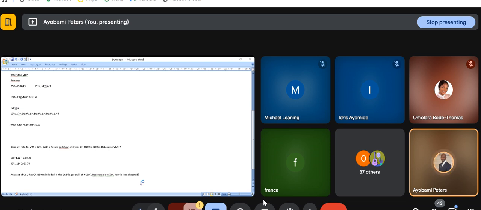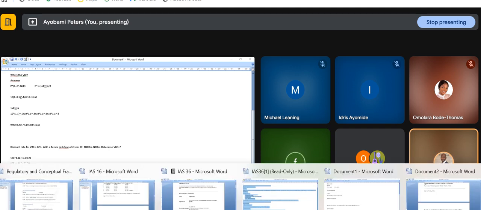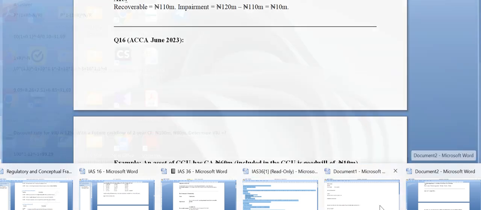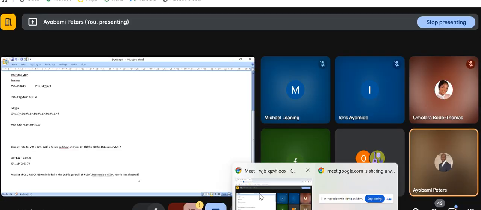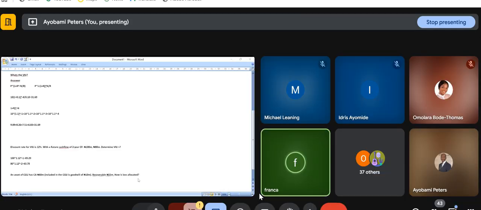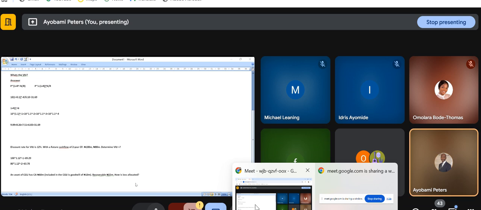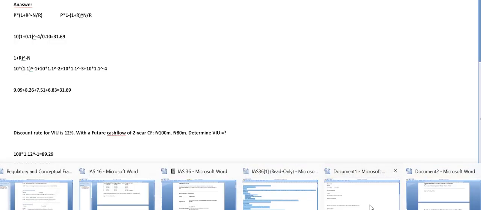So at the end of the day, there is nothing to prorate to other assets in this question. Very simple. Do we understand it now?